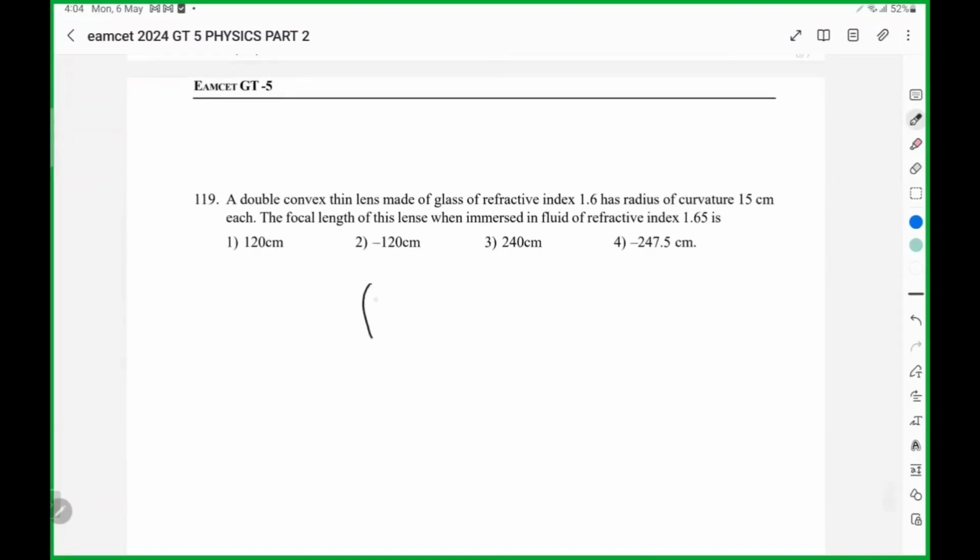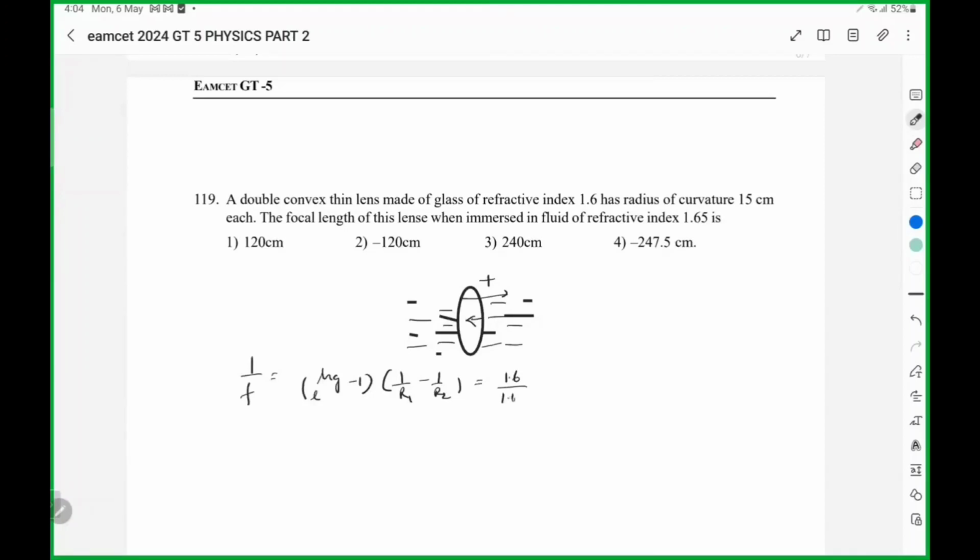If a convex lens is placed in a liquid, then how do we find the focal length? The refractive index of glass with respect to liquid, minus 1. R1 is positive, R2 is negative.